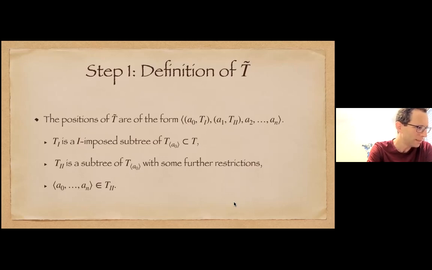So T1 is a 1-imposed subtree of the extensions of A0. So in the first step, player 1 takes a possible action in T, and also a 1-imposed subtree that imposes that first move. Okay?